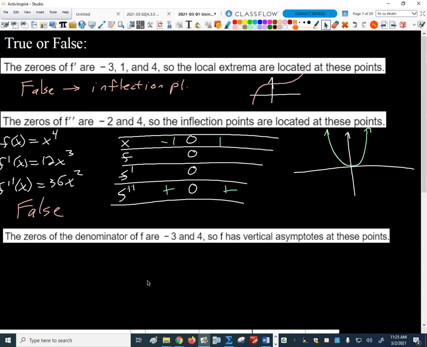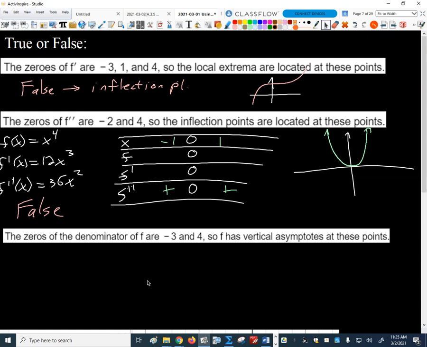Zero of the denominator without being a zero of the numerator. Okay, so it's a unique zero of the denominator, right? And I have to clarify something there too, because the books don't always state this, but it's a unique zero of the denominator after the function has been simplified, okay?